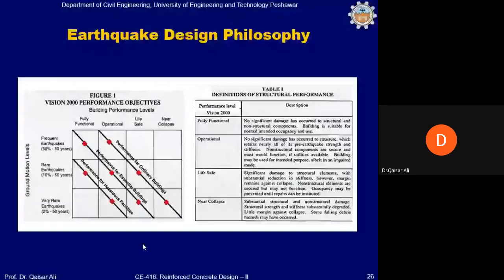So you know that earthquakes do not occur very frequently. Some of the earthquakes do occur very frequently, but those frequent earthquakes are of low magnitude, and the building should remain undamaged in them. Earthquakes of large magnitude occur rarely, once in the whole service life of the structure.